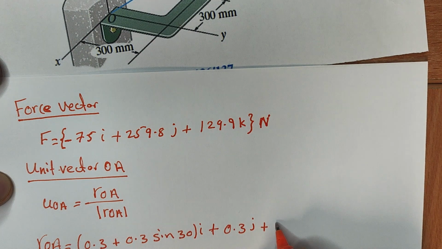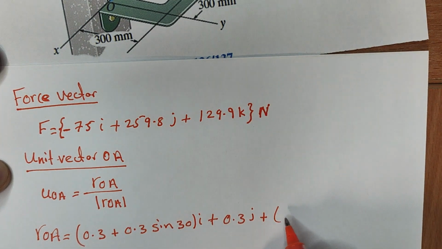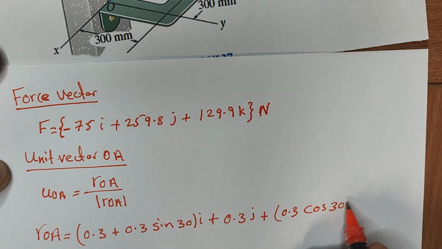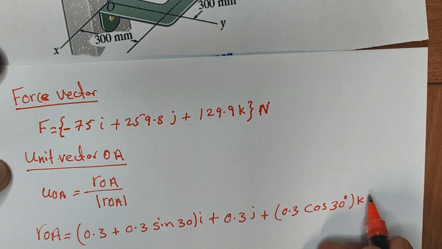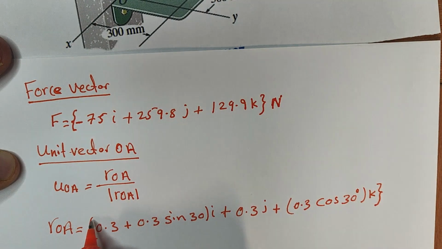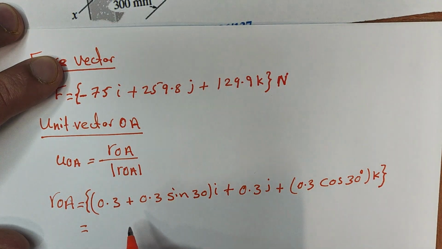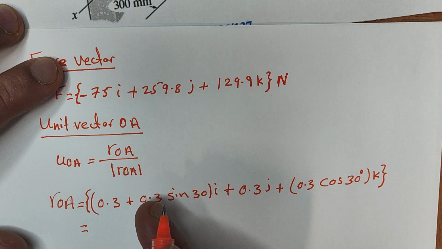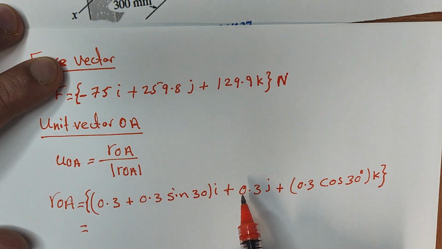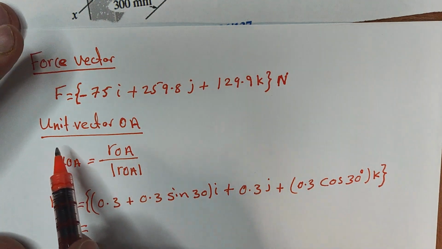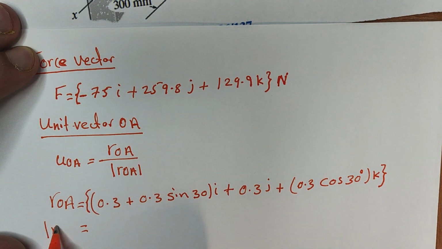Therefore this is plus 0.3 cos 30 degrees, and this is how you define your position vector. Just plug that into your calculator, then find the magnitude of that ROA.